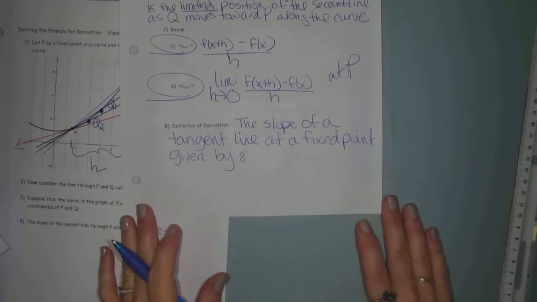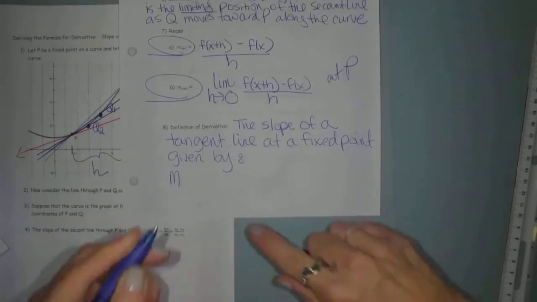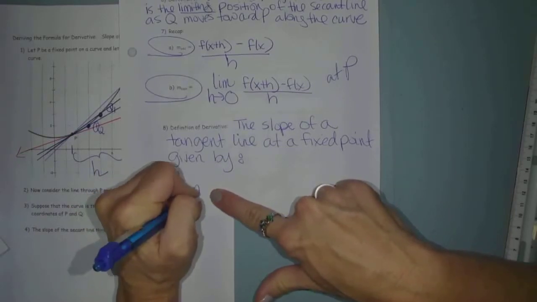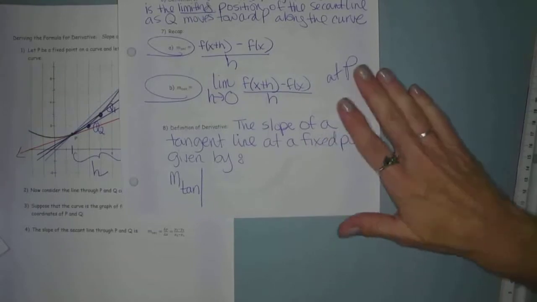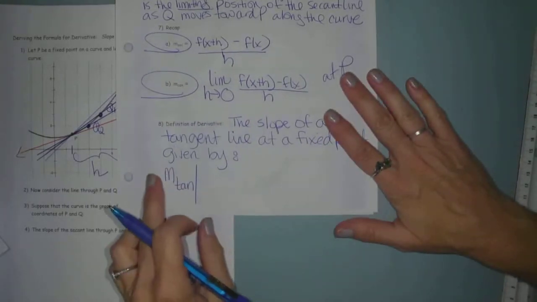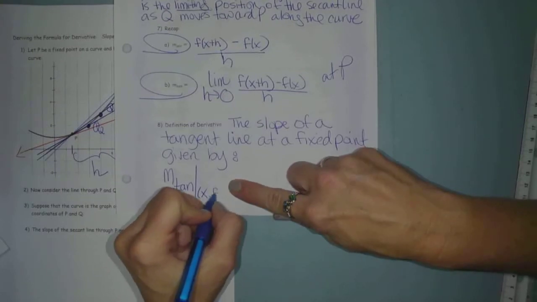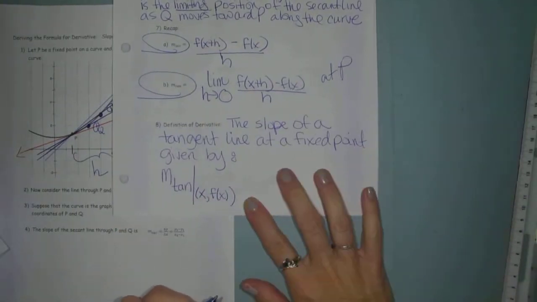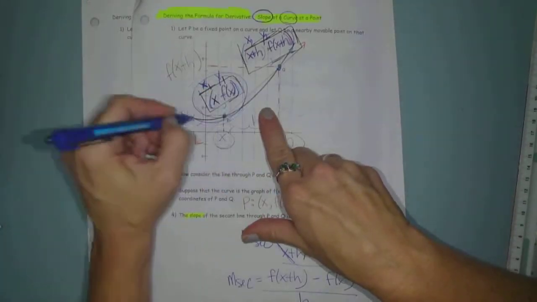We write it in a fancy way. We start with m, slope. We subscript it with TAN for slope of the tangent line. And then we draw this vertical bar. I'm finding the slope of the tangent line at any fixed point x, f of x. Let's go back to our curve, the front page here, P. Remember P? P was at x, f of x.